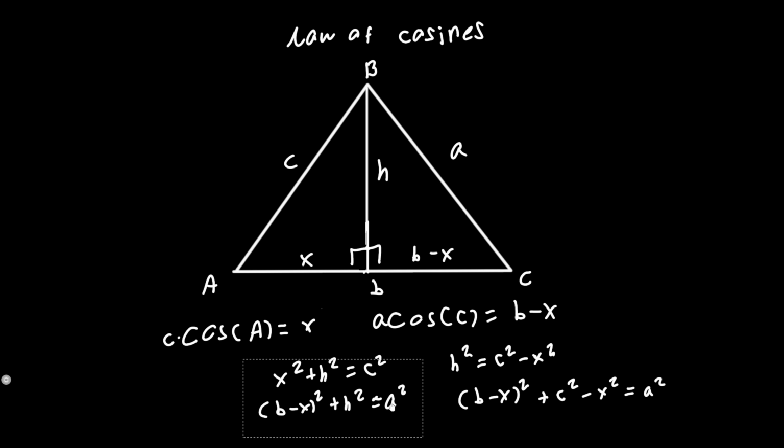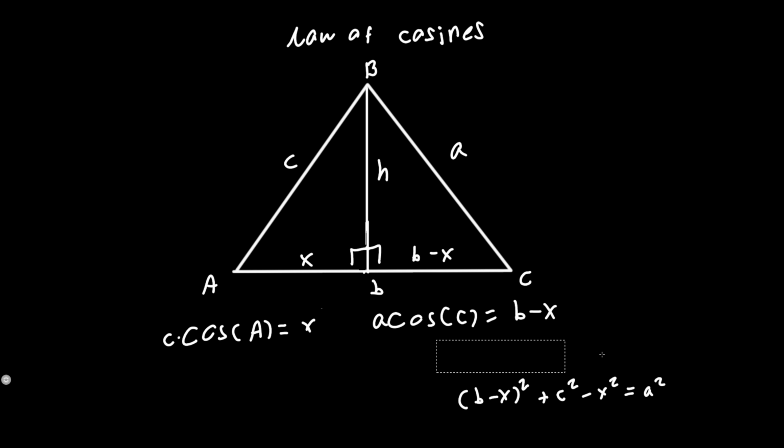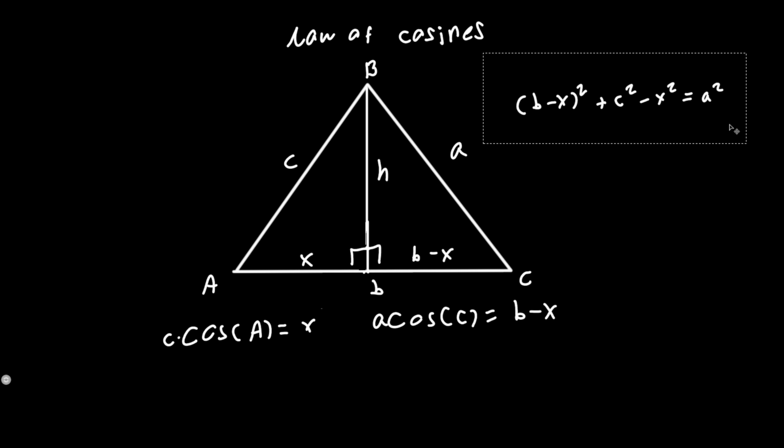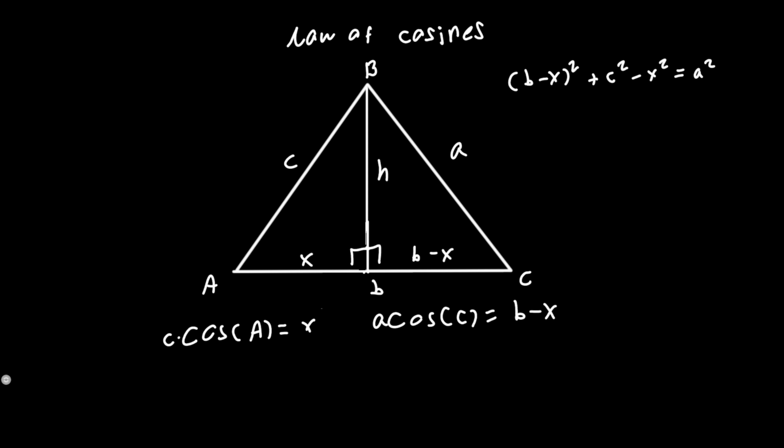So with that out of the way, what we're going to do now is expand (b minus x) squared, which is b squared minus 2bx plus x squared, plus c squared minus x squared is equal to a squared, where the x squareds are going to cancel out.